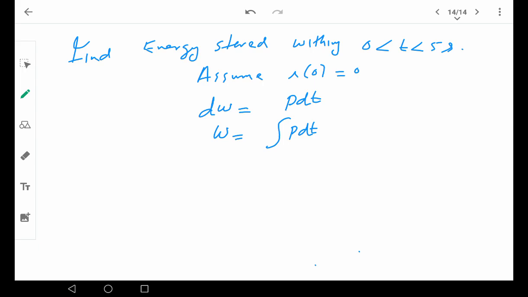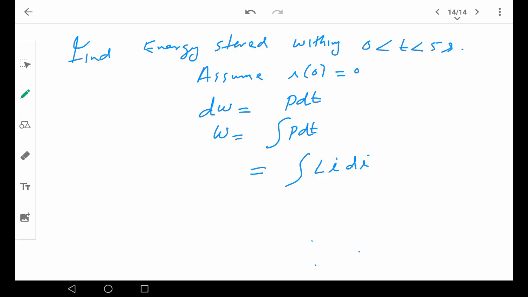This can also be written as L i di. So it's better that you use the integral P dt function. That would be better.